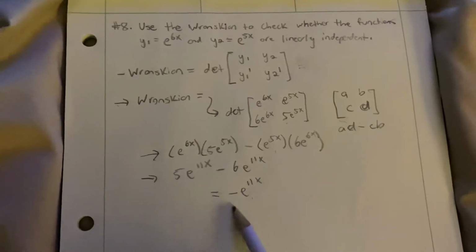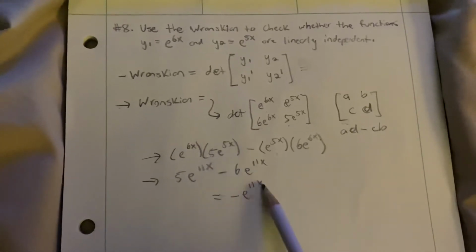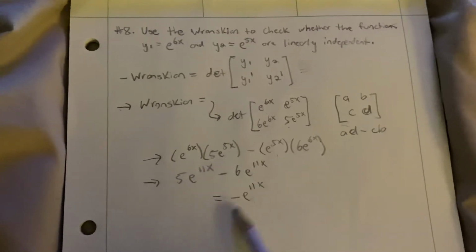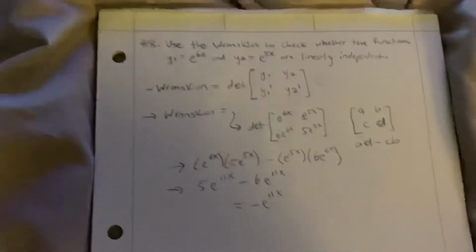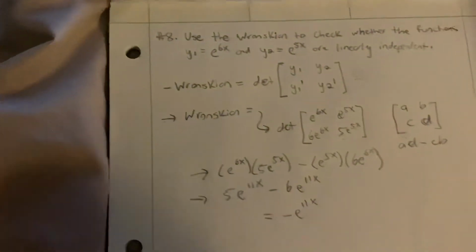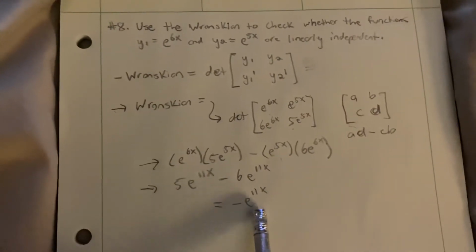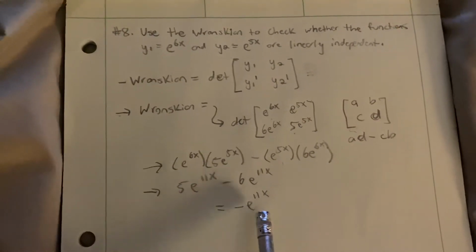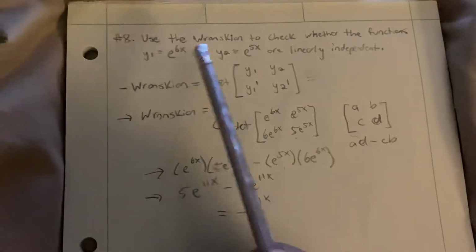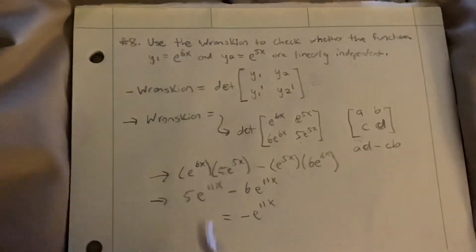We cannot input an x value here that's going to make this function 0. Therefore, because for any x value we plug in it's non-zero, these two functions are linearly independent.